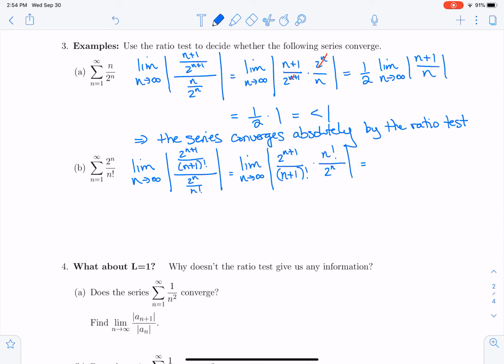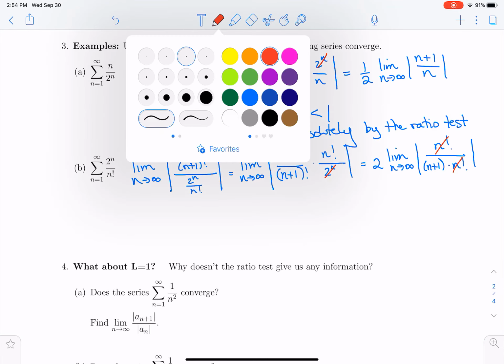Now, again, I can factor out a 2 because here 2^(n+1) is going to cancel with 2^n, leaving me just a 2. And so I'm going to get 2 times the limit as n goes to infinity of n! over (n+1)!, and (n+1)!, which is (n+1) times n times (n-1), etc., can be written as (n+1) times n!. And so you'll see that the n factorials cancel.